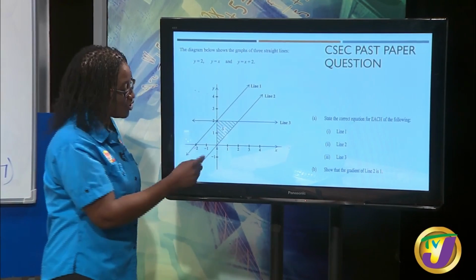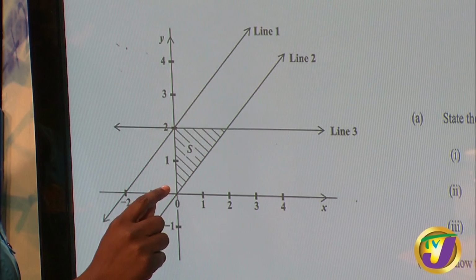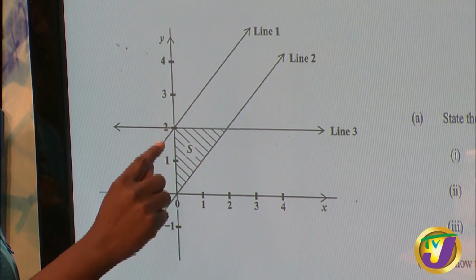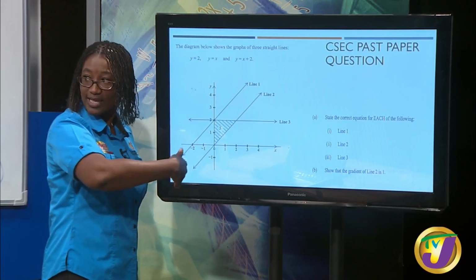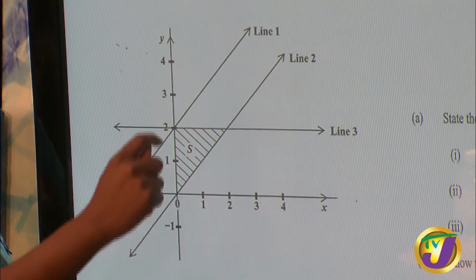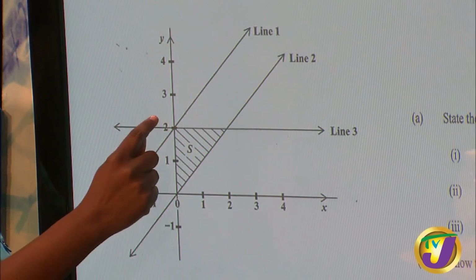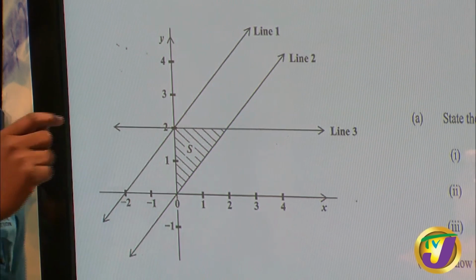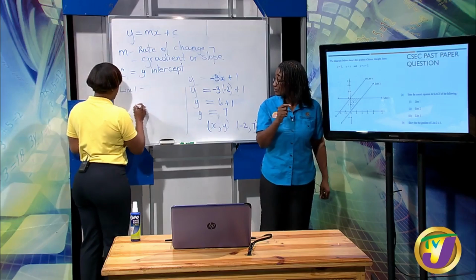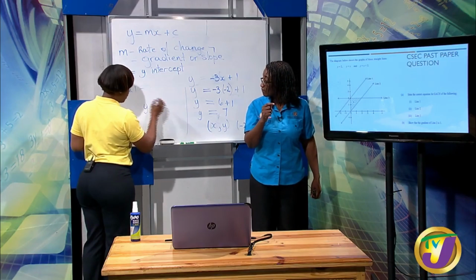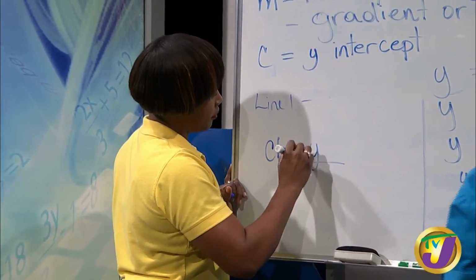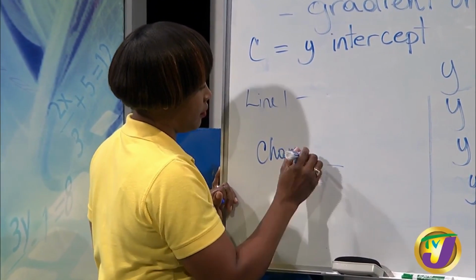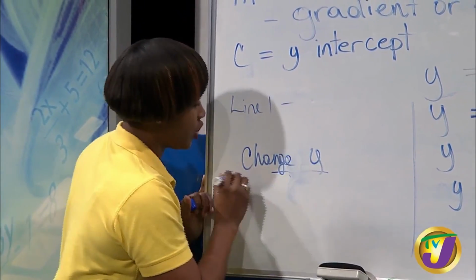Let's take this point on line 2 and see what our change in y is. I'm moving in a vertical way, and I'm moving up. So my change here is a change of positive 2. You can write that down, Tam. So it's change in y over change in x.